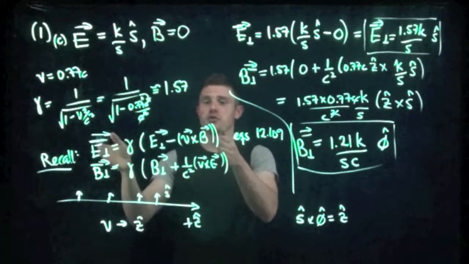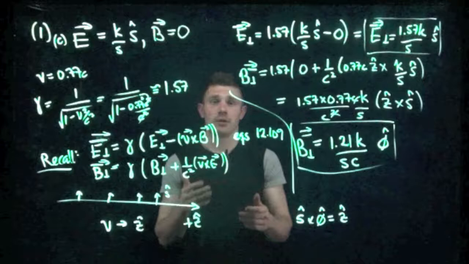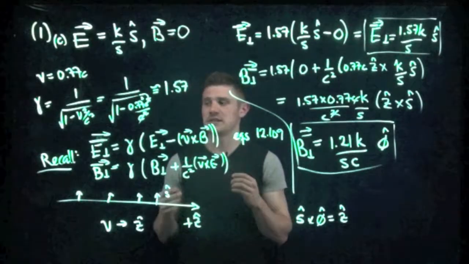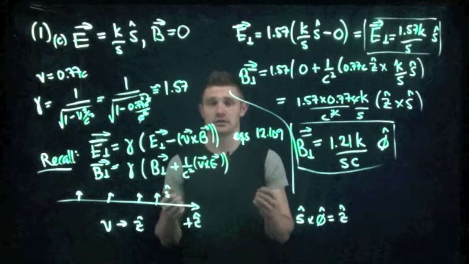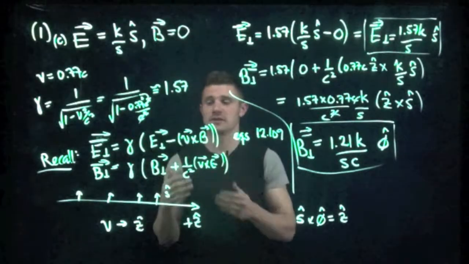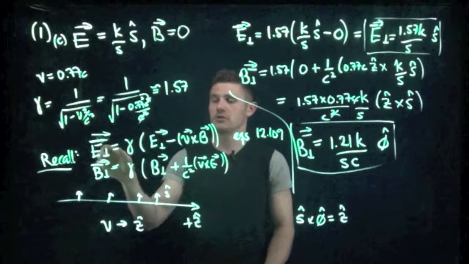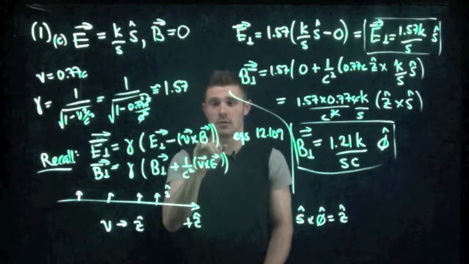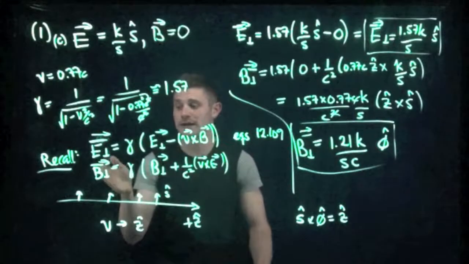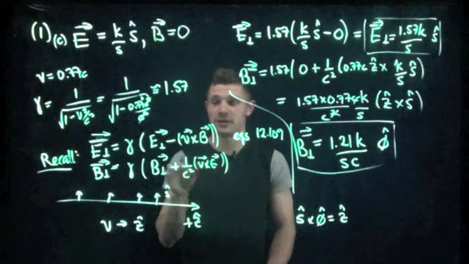And then we used the two equations from our formula sheet, recalling the fact that a moving observer, due to relativity, will see a changed magnetic and electric field, given that there will be some sort of contribution from both components in the new measured field. So here, the new electric field depends on the previous magnetic field, and additionally, the new magnetic field depends on the initial electric field and magnetic field.